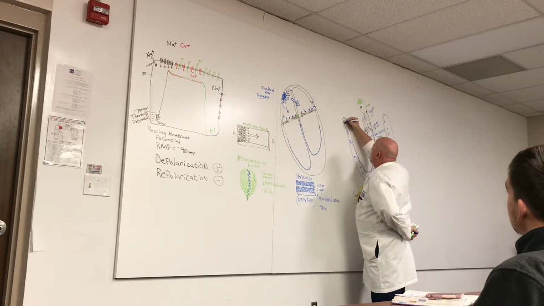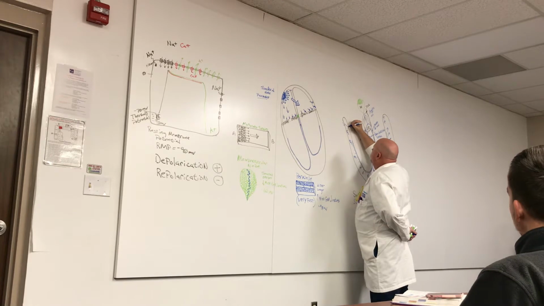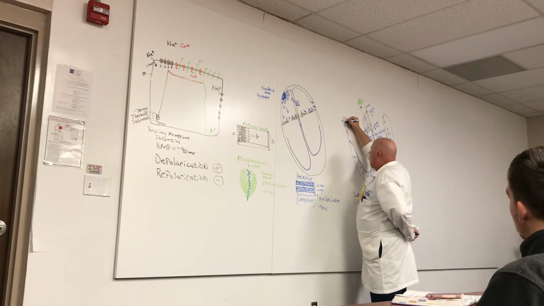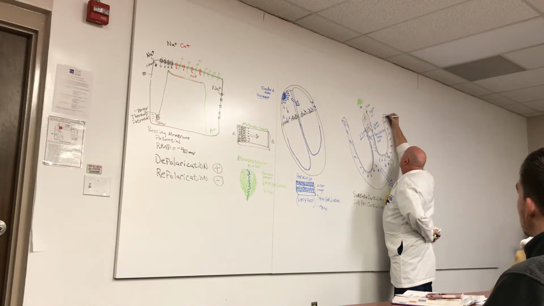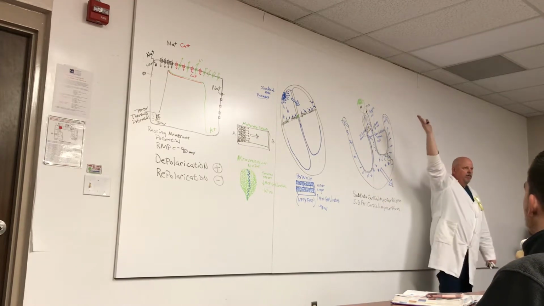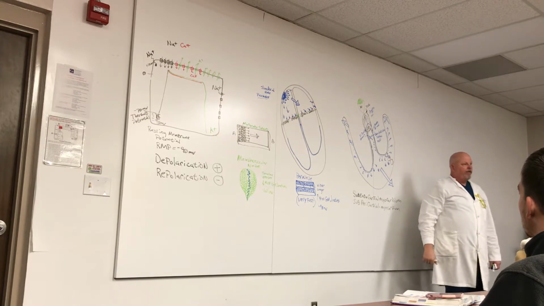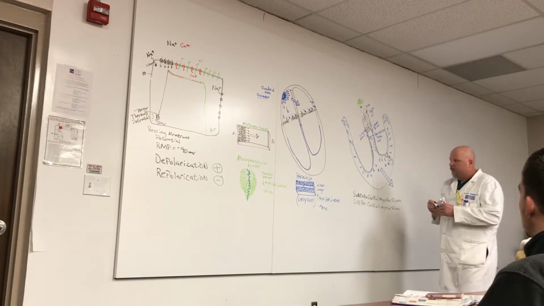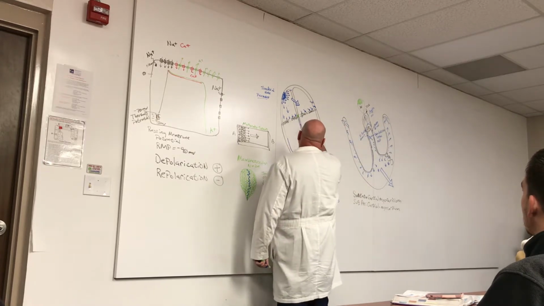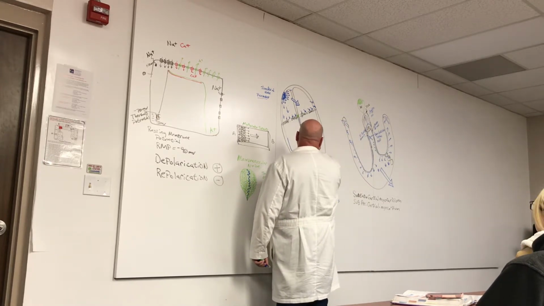We end up with vectors of depolarization, which is what? Positive. Which way? Up and to the right. All right, so we can look at this as the first wave. Which way is the interventricular septum stimulated from?